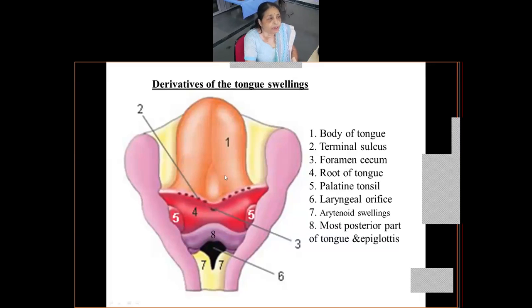Taste buds start to appear by about the 10th week of intrauterine life. In the posterior part, taste buds are also found, but there will be no papillae. Only lymph nodules will form the lingual tonsil.